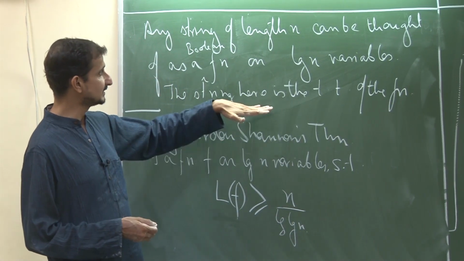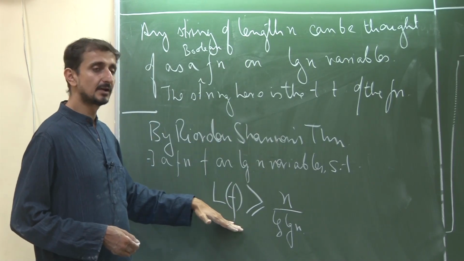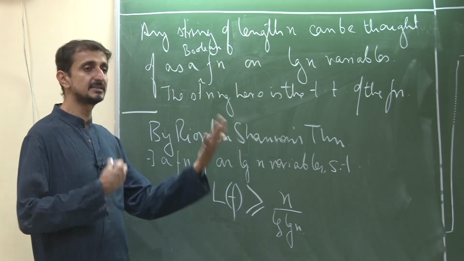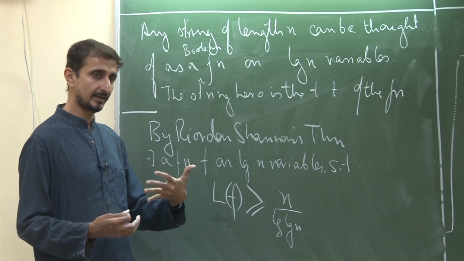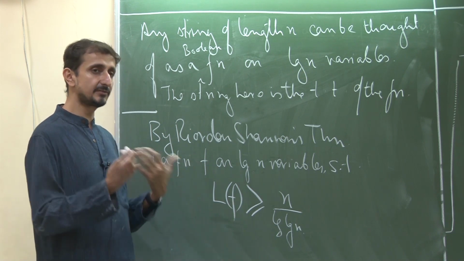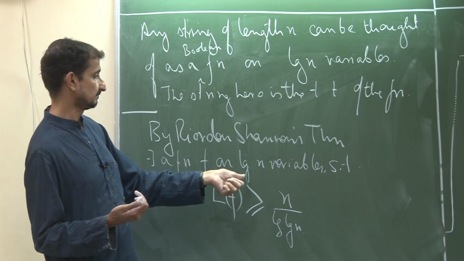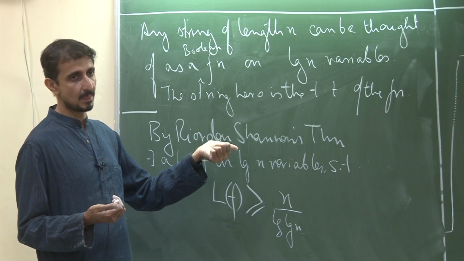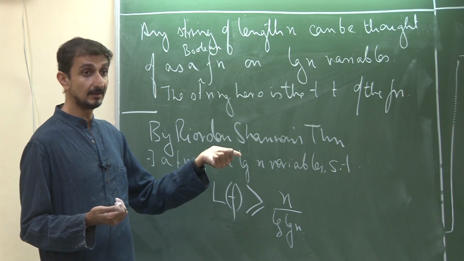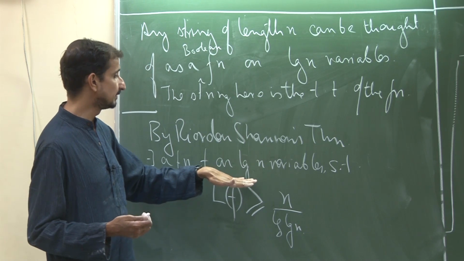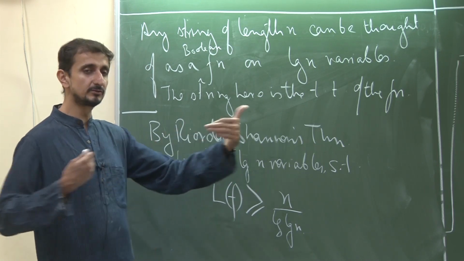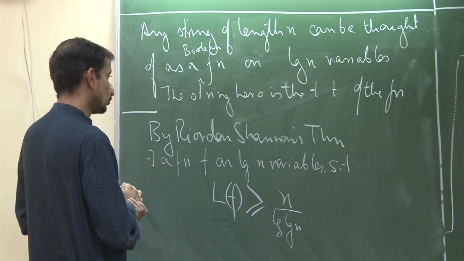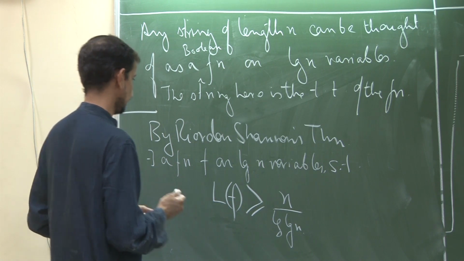Now, what I will do is, I have this function. I said that I can think of functions and strings equivalently. So, look at the corresponding string of length, how much? N, right. If I have a function on log n variables, its truth table is of size 2 to the power log n, which is n. Okay.